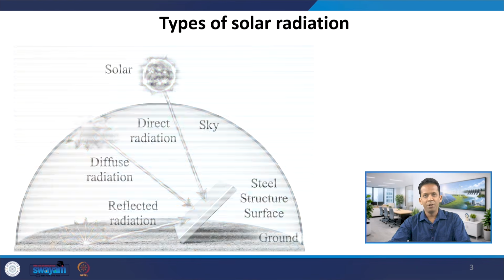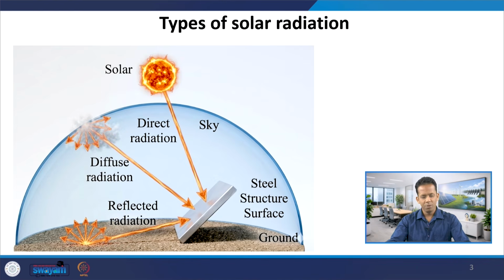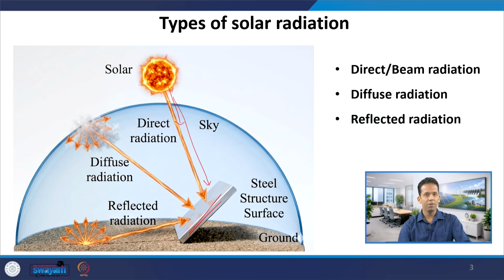So, types of solar radiation, there are mainly three types. If you have the sun whose radiation is falling on the surface or on the ground, some radiation reaches directly onto the surface, which is also called direct radiation or beam radiation, because it does not change its direction; it comes straight from the sun to the surface.